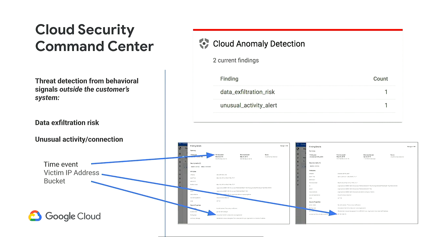And you can understand your data exfiltration risk because of how your activity has changed, right? And that is shown up in a product that we have called Cloud Security Command Center, which we also launched recently, right? And so that gives you monitoring capabilities, right? So in certain cases where, let's say, a service is not supported or a particular client type is not supported with VPC Service Controls and you must use it, this gives you some mitigation as to whether there's unusual activity happening under those circumstances.